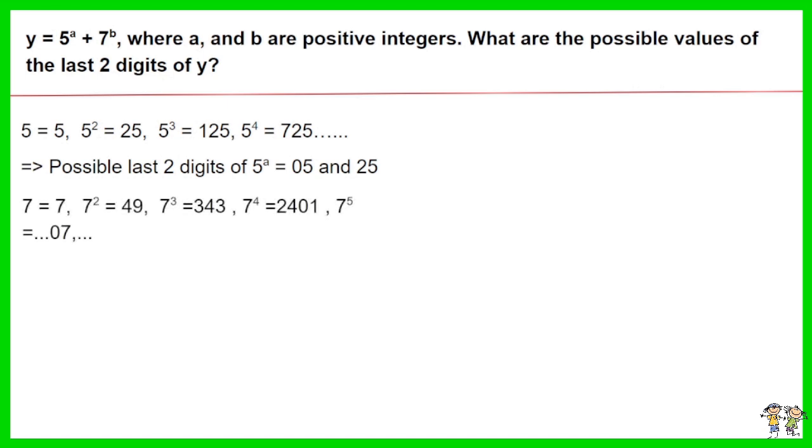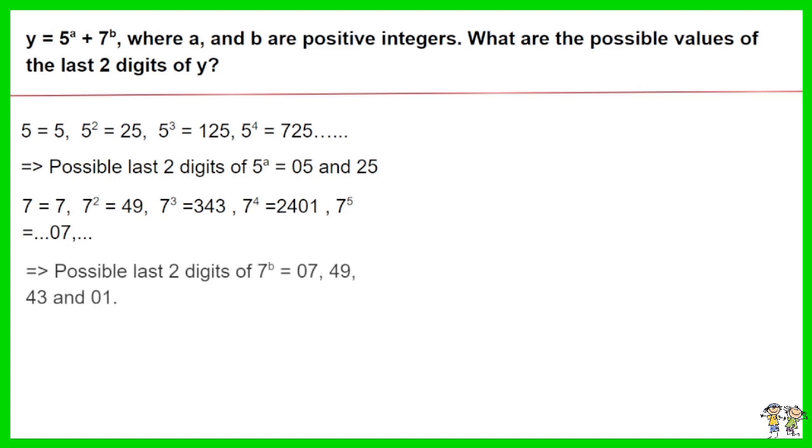7 to the power of 1 equals 7, 7 to the power of 2 equals 49, 7 to the power of 3 equals 343, 7 to the power of 4 equals 2401. Without calculating the full answer, we know the last two digits of 7 to the power of 5 is 07.